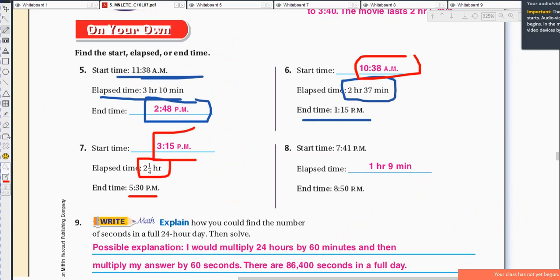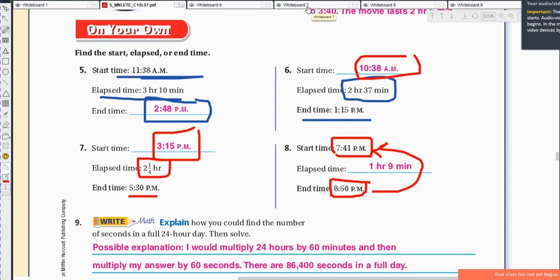Like that. Okay, the last one. He gives us the start time and end time, and he asked me about the elapsed time. So you have to subtract start from end to get the elapsed time. Now you have to convert both of them into 24 format.